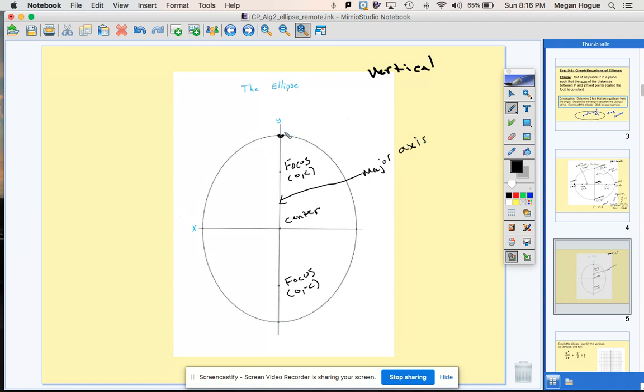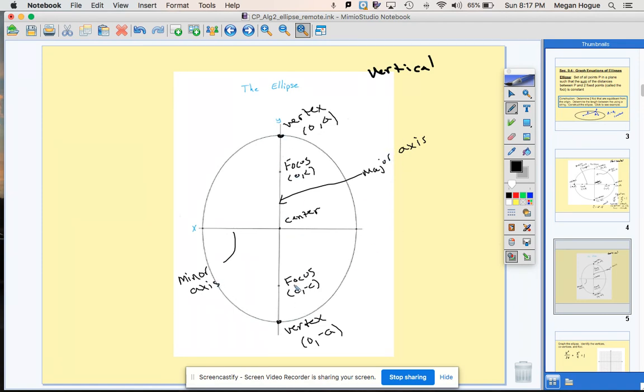And that makes these 2 points each a vertex. The vertex is still tied to the A. So this would happen at 0, A, where this one would happen at 0, negative A. That makes this one our smaller axis, which is that minor axis. So that's how we tell the difference.